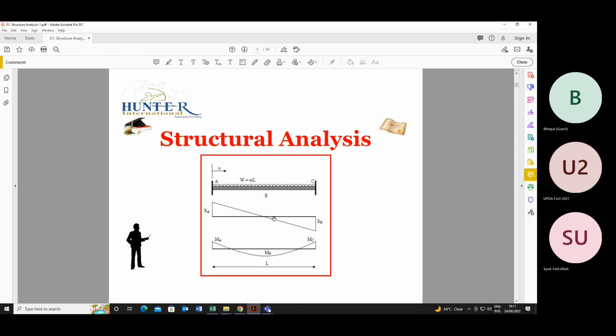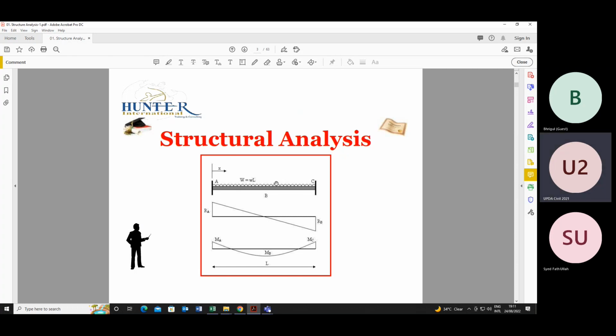So here you can see a simple diagram showing the fixed beam and UDL. The first figure, weight is equal to W. I think all of you are familiar with these things. Here it shows two fixed points, and A, B, C is the beam. A and C are the fixed points.